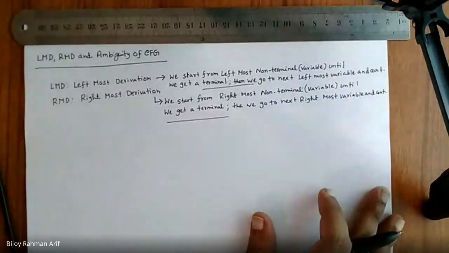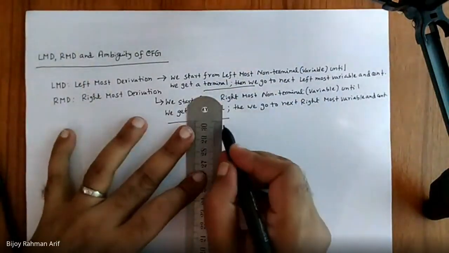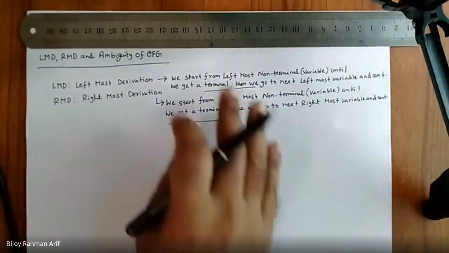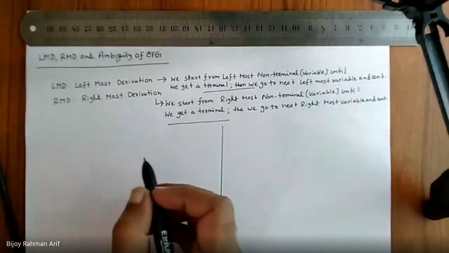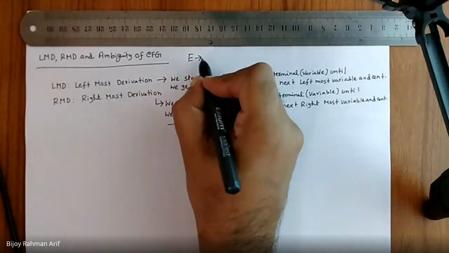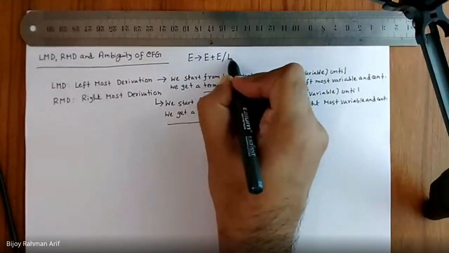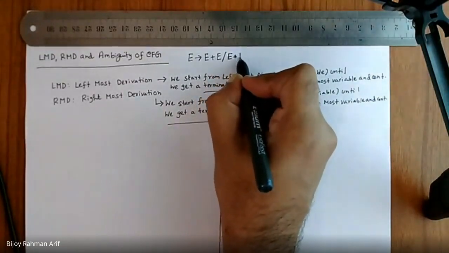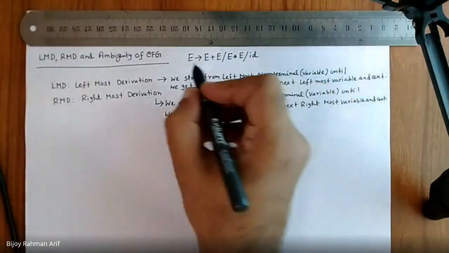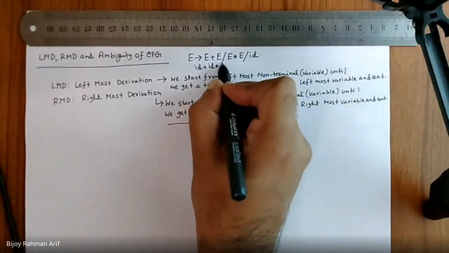So let's take an example. Let's take this grammar: E derives E plus E, or E star E, or ID, and the string we want to generate is ID plus ID star ID.